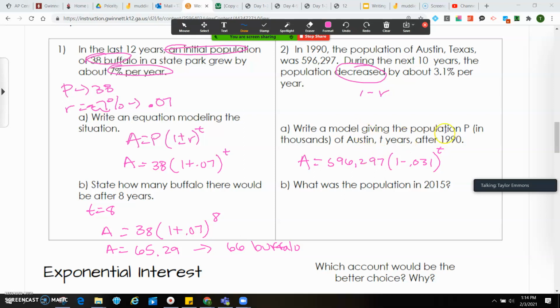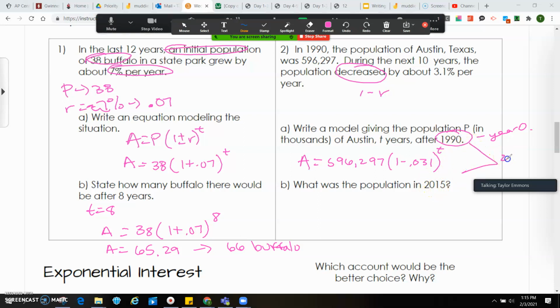Now remember, we started in 1990, so this is like year 0. So how many years from 1990 to 2015 are there? Well, there are 25 years. So I'm going to take my equation and plug in 25.